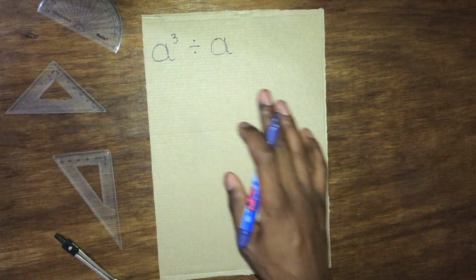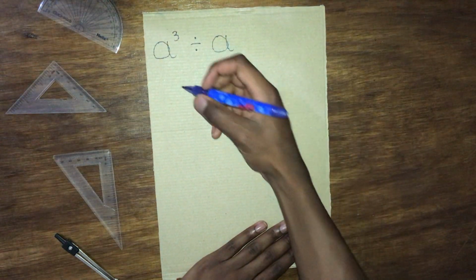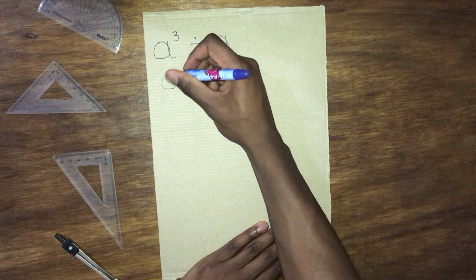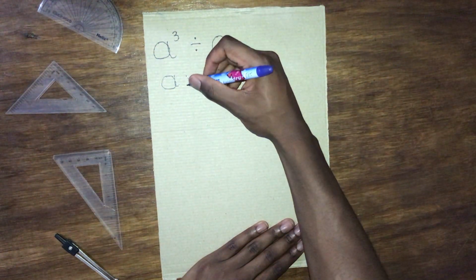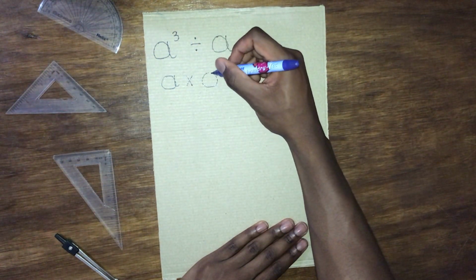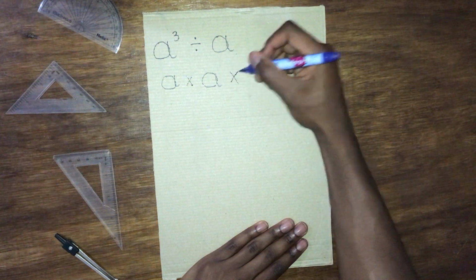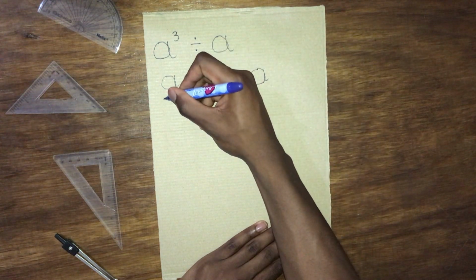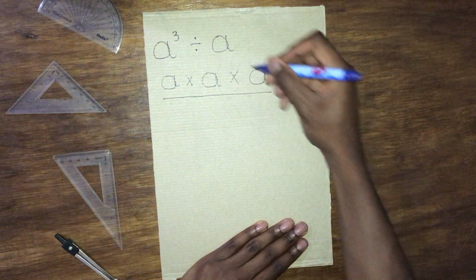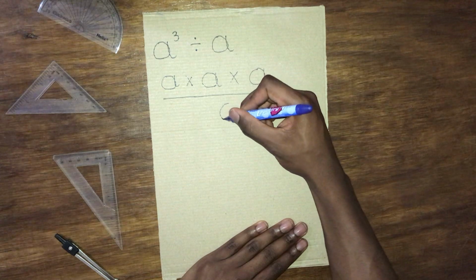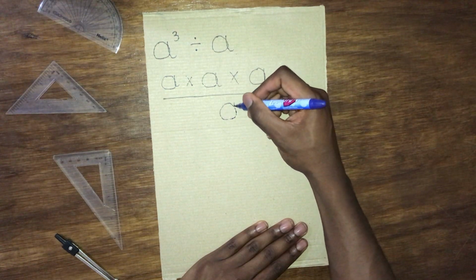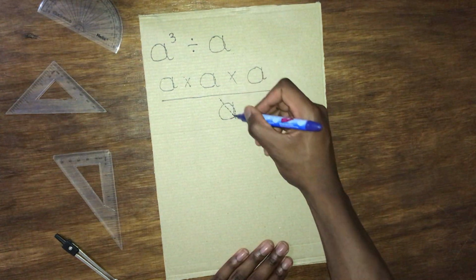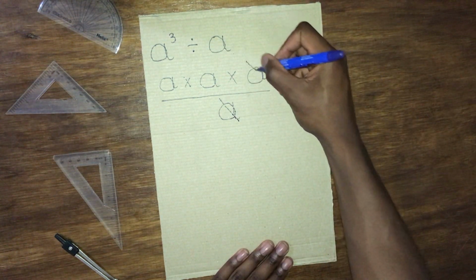A to the power of 3 divided by A is the same as saying A times A times A, all of this divided by A. Now, all we have to do is cancel out this A and 1A on top.